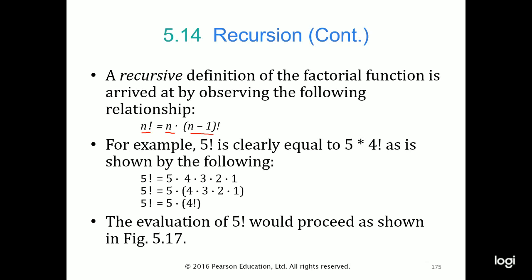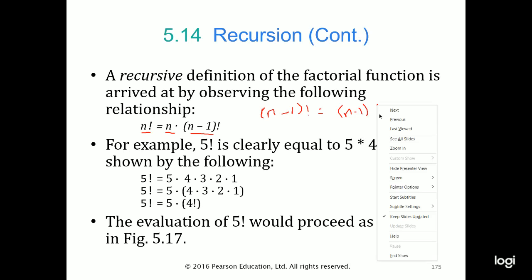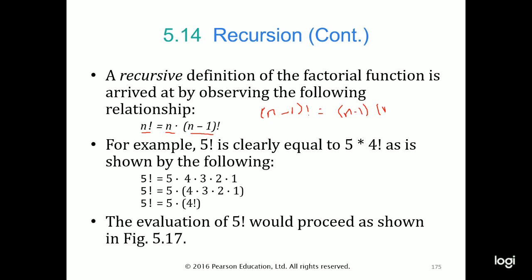So you can write this problem in a recursive manner: (n minus 1) factorial is equal to (n minus 1) times (n minus 2) factorial, and then (n minus 2) factorial is (n minus 2) times (n minus 3) factorial.